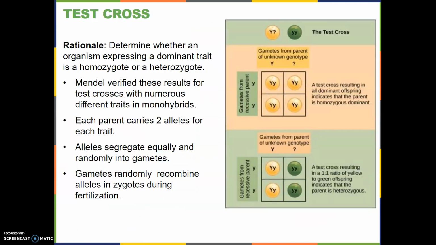Okay, and I've shown you the Punnett squares already, so let's come back and do another test cross because this one is easier. In a test cross where we're looking at seed color, big Y is the allele for yellow, which is the dominant allele, and little y is the allele for green, which is the recessive allele. We have an unknown dominant yellow seed plant that we want to know if it's big Y big Y or big Y little y.